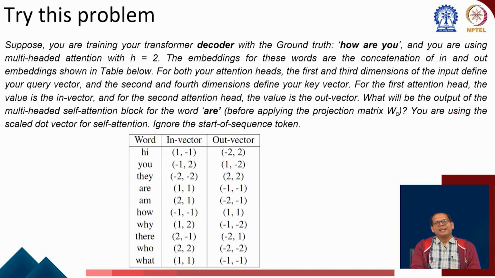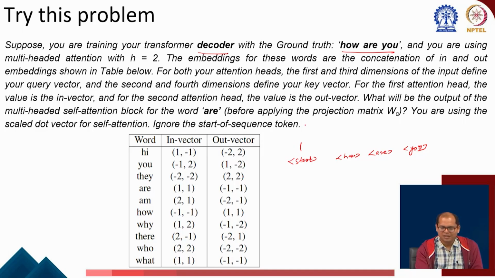Okay. So you can try this problem to get more idea on how this decoder multi-head attention works. So in this problem, what is being given? Suppose you are training your transformer decoder, and this is the ground truth: how are you. That means you have to generate it, and you have to compute your loss. So the entire sequence is given to you. You will start from the start token, and you have to feed how are you, and the ground truth is also known.